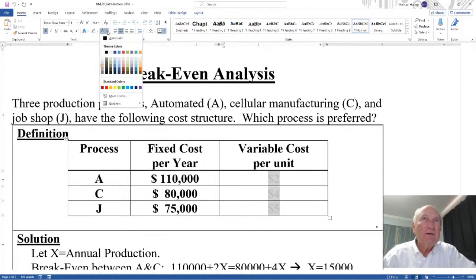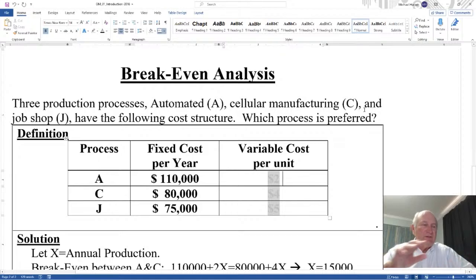Let's go back to dark. There we go. Let's assume that this is 5 up here. This down here is 4. And this down here is 2. In other words, I'm reversing these.